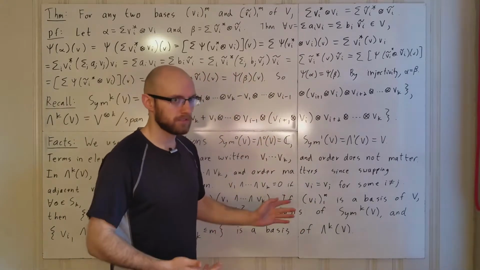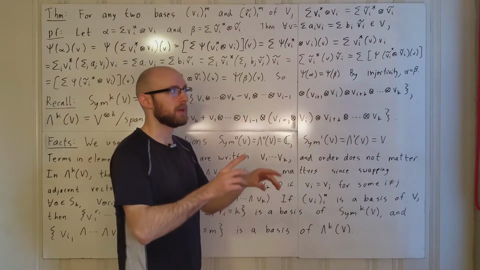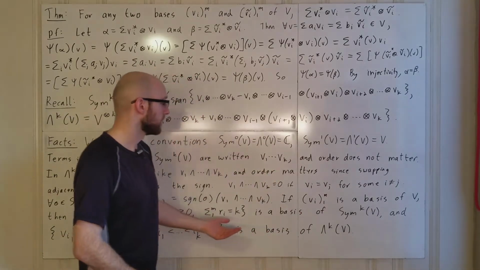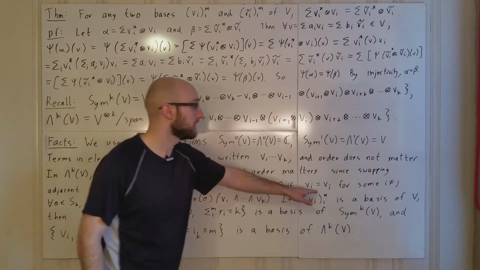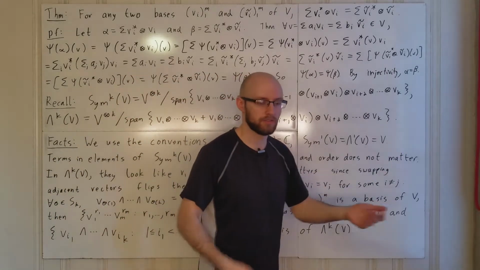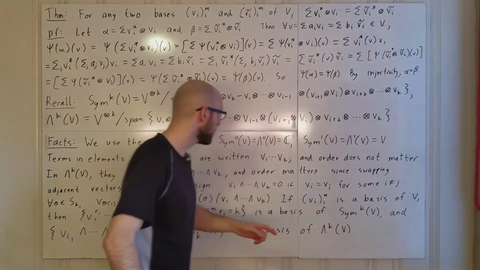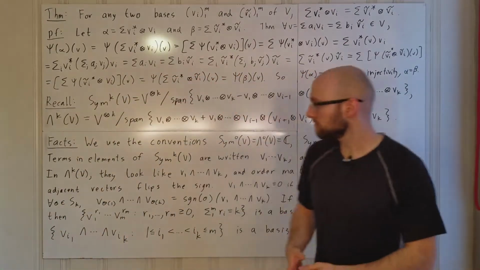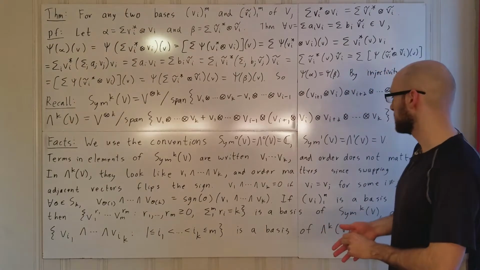And so what that tells you is that the element is equal to -1 times the element. And that only happens for the 0 element. And so if Vi equals Vj for some two different indices i and j, then the whole thing must be 0. Okay, so that's that.